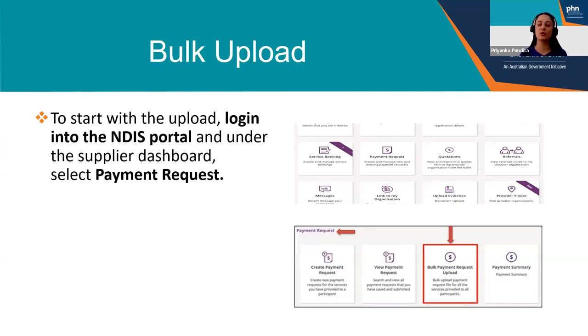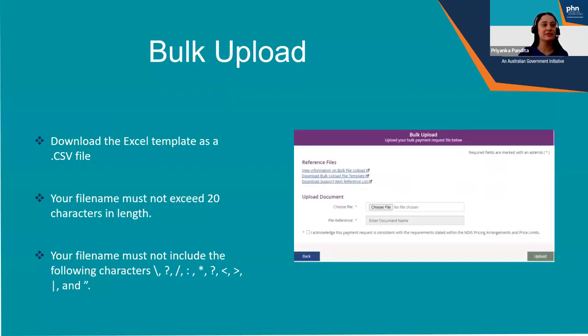The bulk payment request is a functionality within the My Place provider portal that enables you to submit multiple requests for payment in a single uploaded file, rather than submitting individual requests for each service booking for each participant. Once we go into the bulk payment request upload, this is the screen that is going to come up.